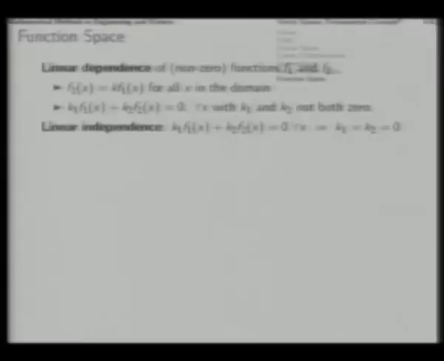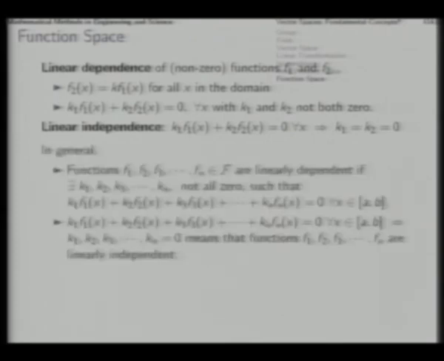We can talk of linear dependence and linear independence of these functions. So, two functions f1 and f2, if they have this relation or this relation which is actually equivalent, then we say that they are linearly dependent. And if it happens that this linear combination equal to 0 necessarily implies that k1 and k2 both are individually 0, then you say that f1 and f2 are linearly independent from each other.